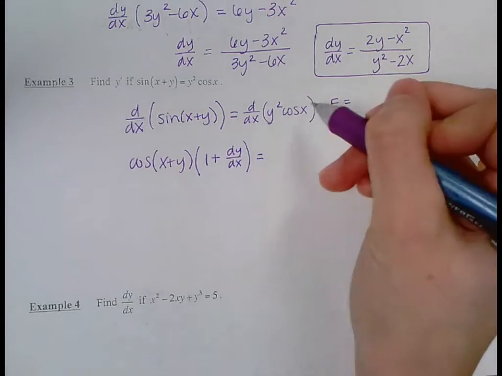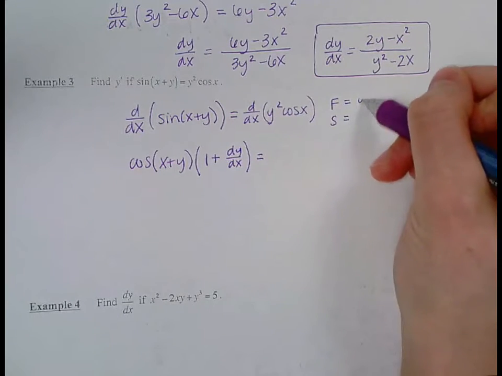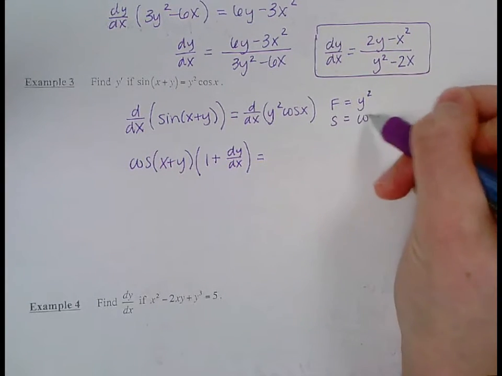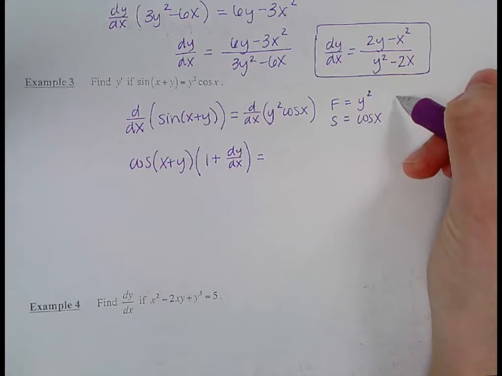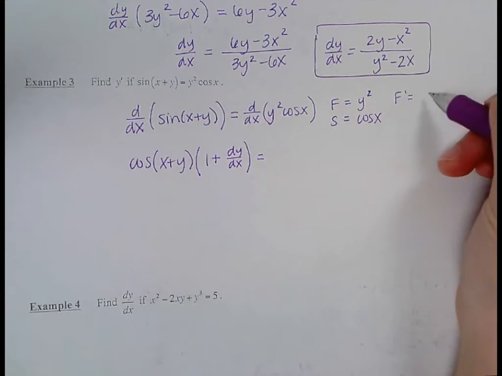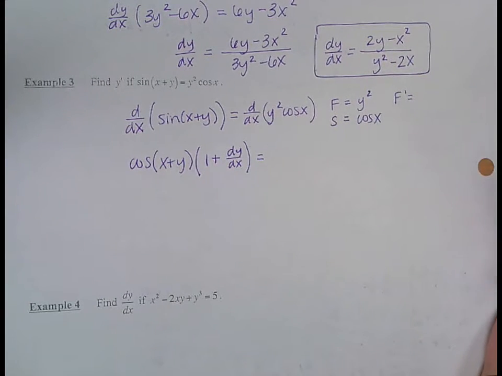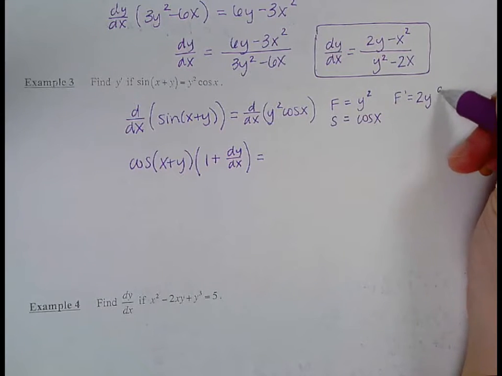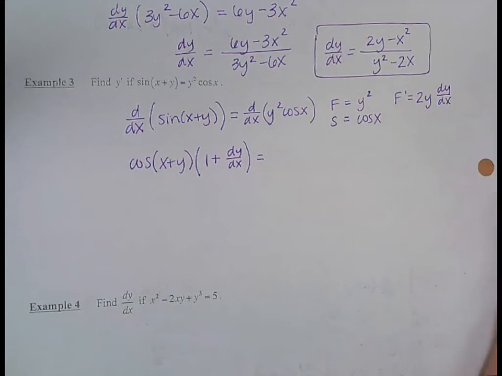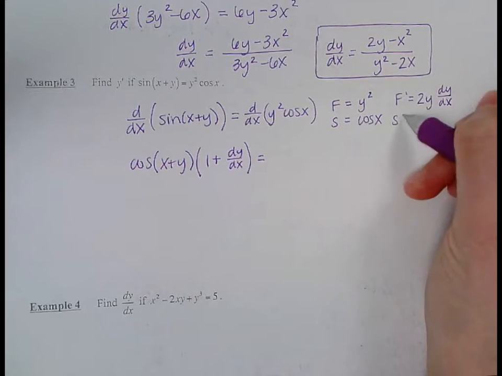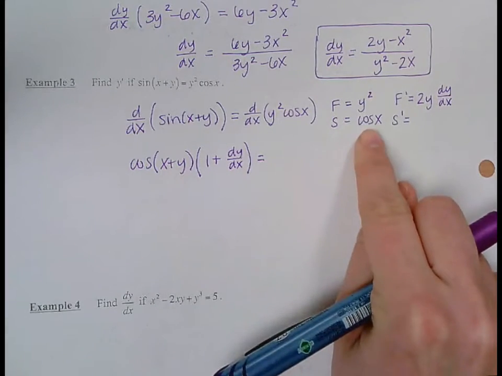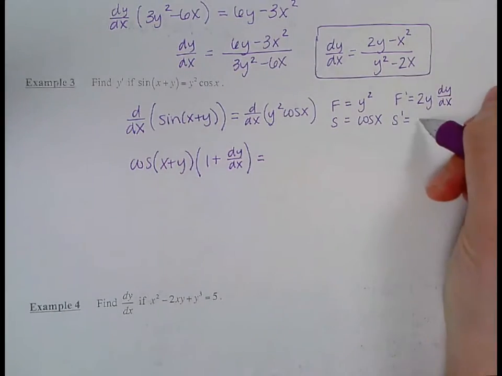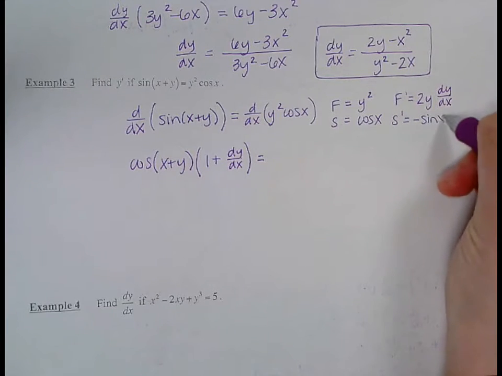Welcome to derivatives. So first function, y squared. Second function, cosine of x. Derivative of y squared? 2y dy dx. And then derivative of cosine of x is negative sine of x.